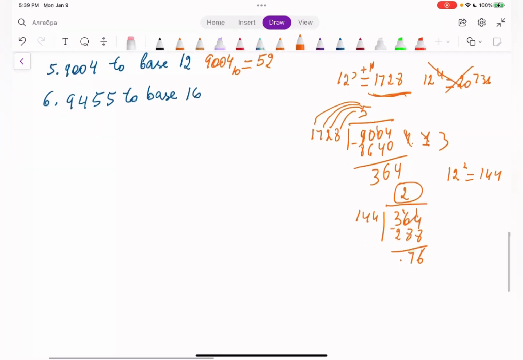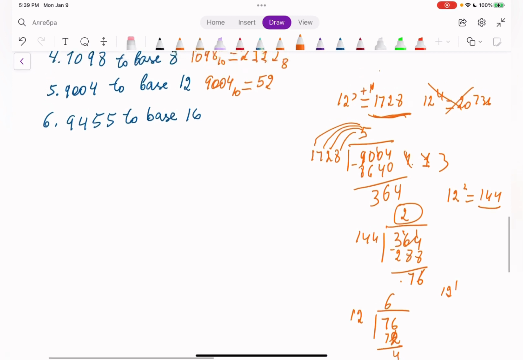Now 76, what do we have? 12 to the power 2 is 144, that means 12 to the power 1. So divide by 12, how many times is it going to fit? 6 times. 72, I'm sorry. 72, remainder is 4.